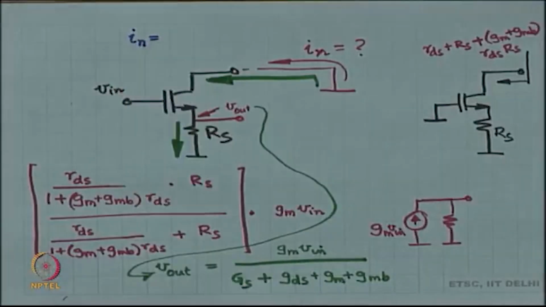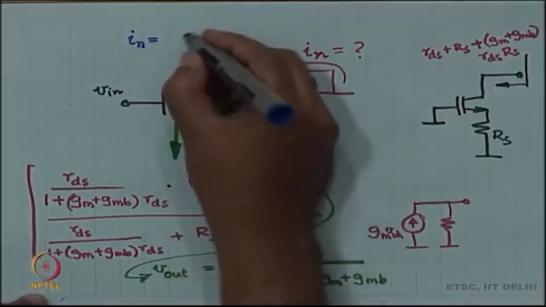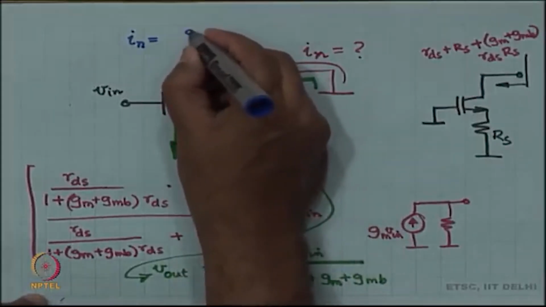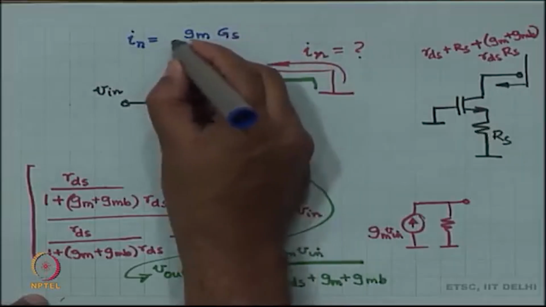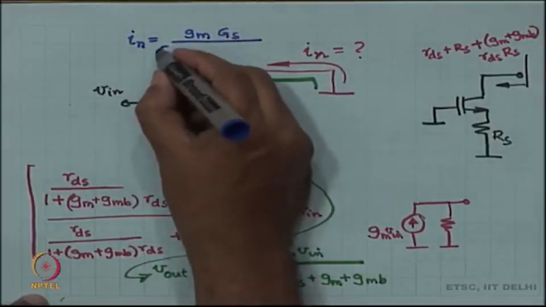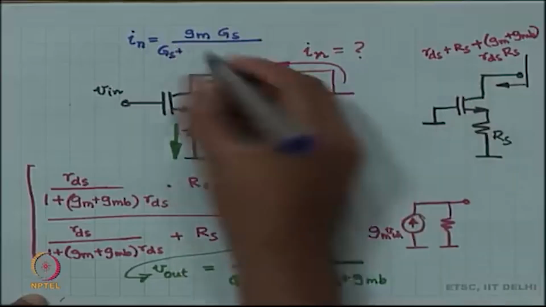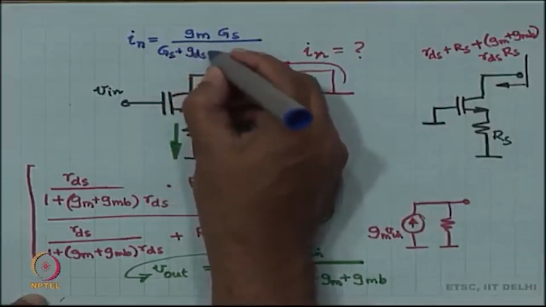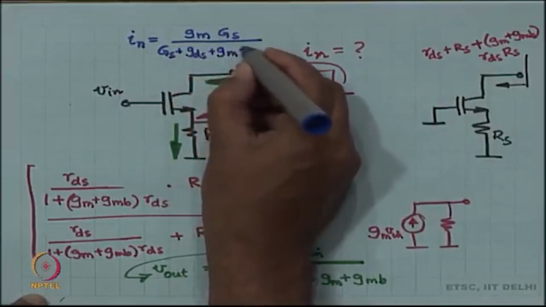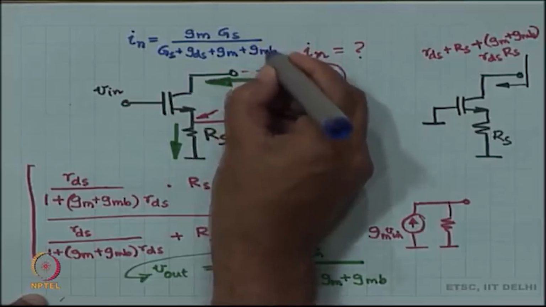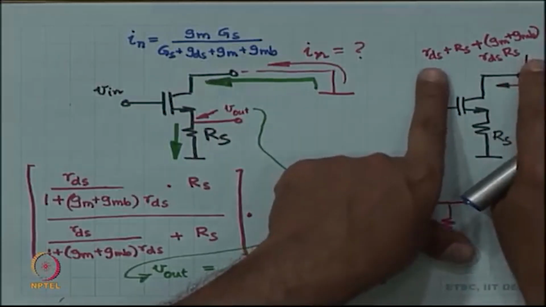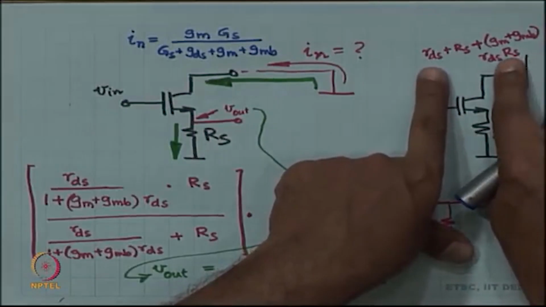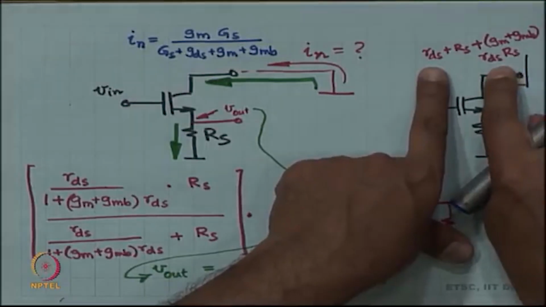So, my final expression for IN is GM times GS divided by GS plus GDS plus GM plus GMB.